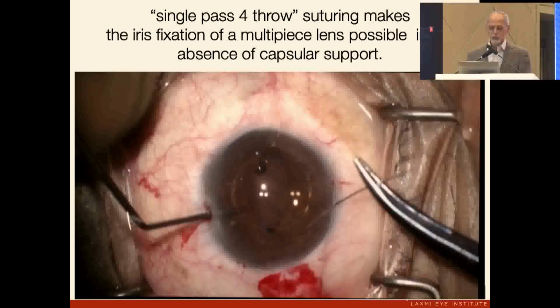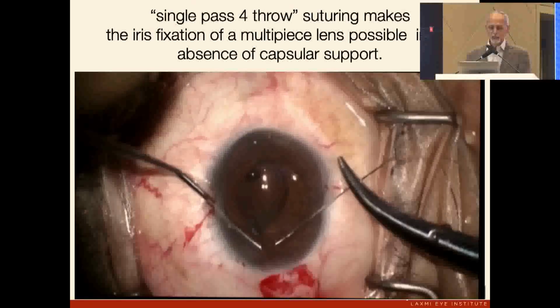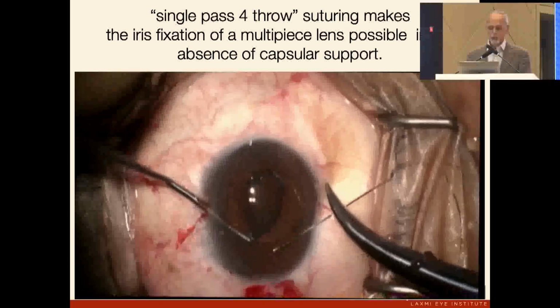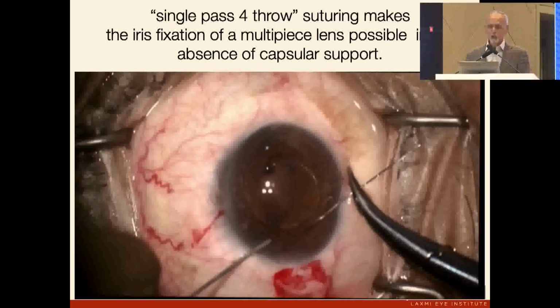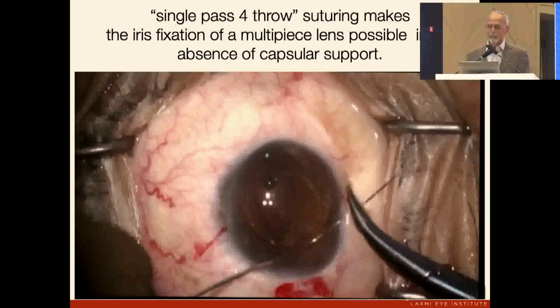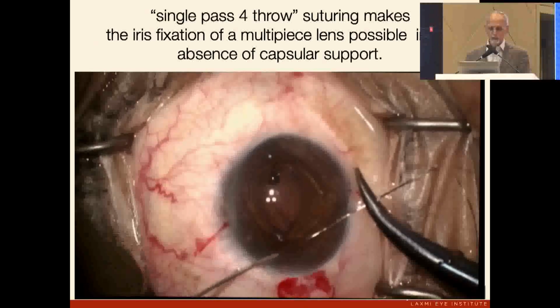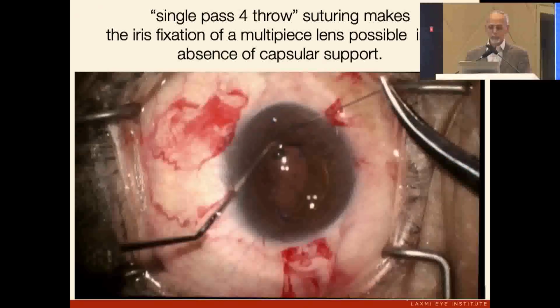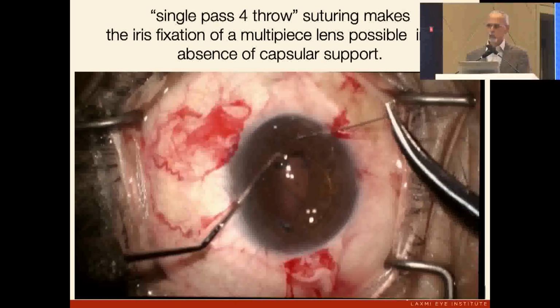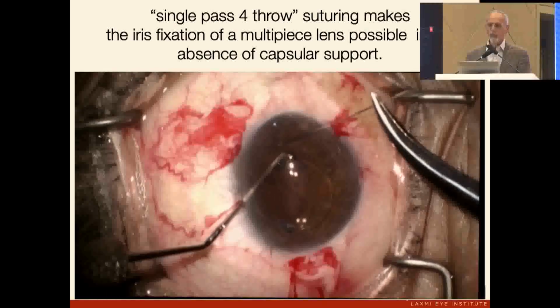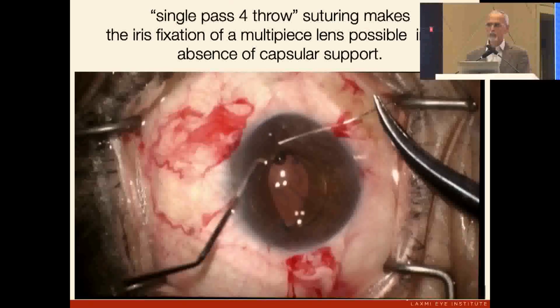Then you position the lens in such a way that it is easy for you to take a suture. You have to dent up or tent up the haptic to notice and then take a bite through the iris. The bite has to be in the mid-peripheral region.